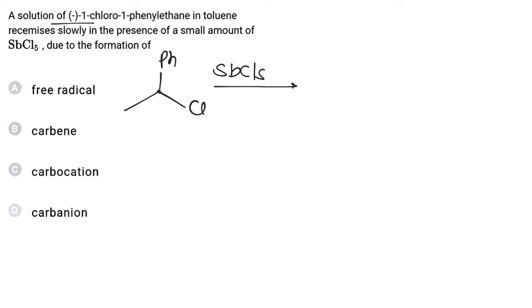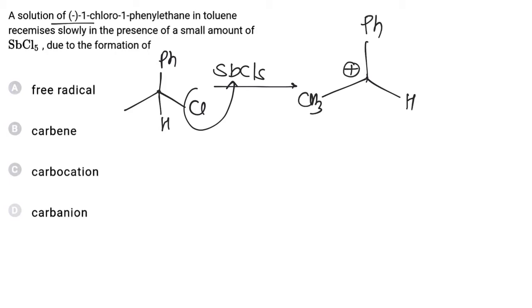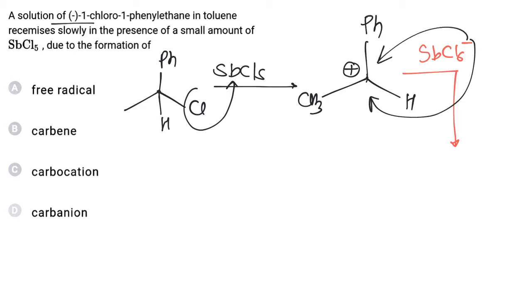It will abstract the Cl negative ion, so it will be converted to the carbocation PhCH3H. Now, this carbocation formed is a planar intermediate. Now, it will again combine with SbCl6 negative. Now, Cl negative can approach from either side, the front side and the back side.